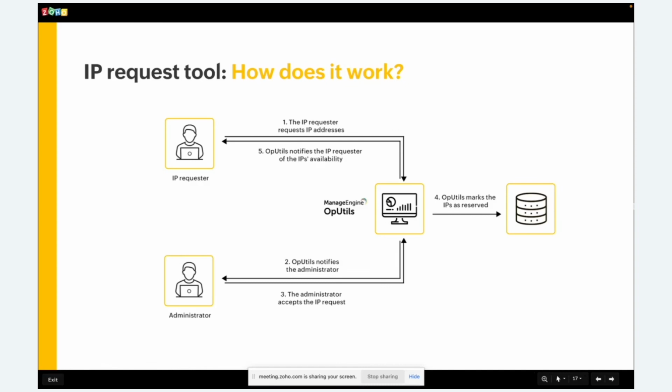It makes having multiple IT members managing your IP address space much simpler, and it gives you visibility into who's managing what part of your IP structure. So it's simply an IP requester creating an IP request, the administrator allowing the access, and OpUtils automatically marking that as a statically allocated IP, a reserved IP.